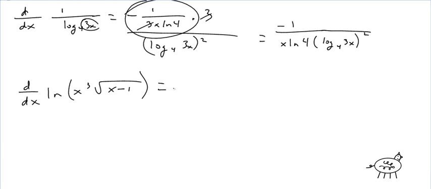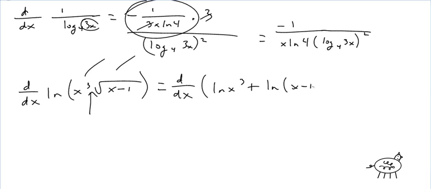So watch this, this is actually pretty easy. You can do d by dx, and I'm going to write this out as a sum, because this is multiplication in here. So it's going to be ln of x cubed plus ln of x minus 1 to the 1/2 power.